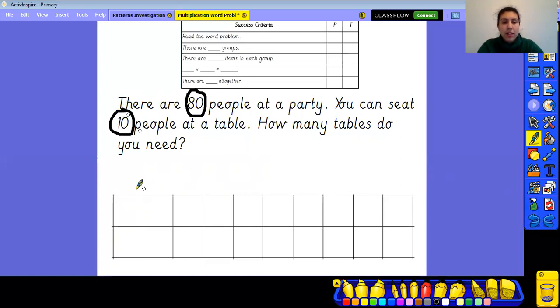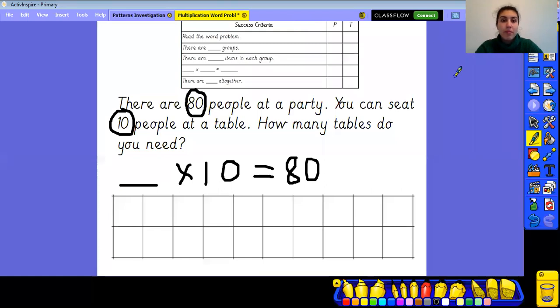So I know that there are so many numbers, so many groups, but I don't know how many groups yet. I've got a missing number of groups, but in each of my groups, there are 10 people. So how many groups of 10 will give me 80?